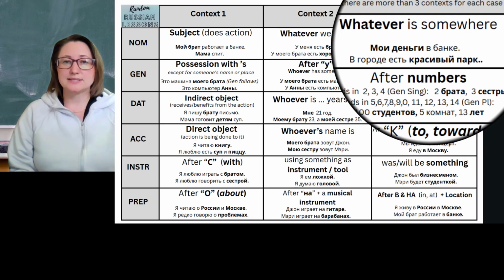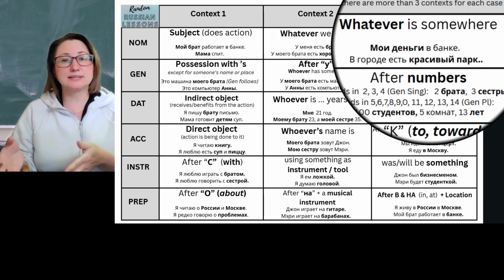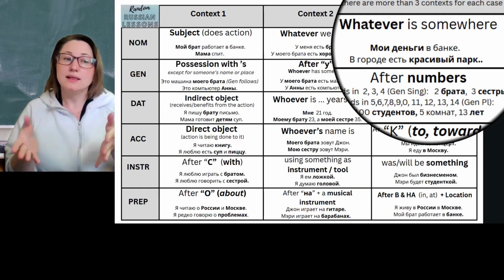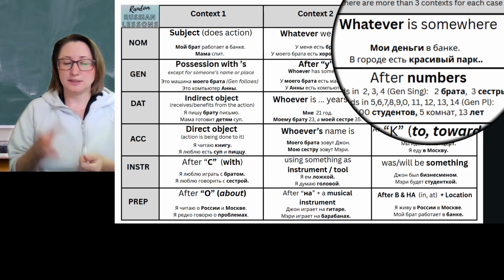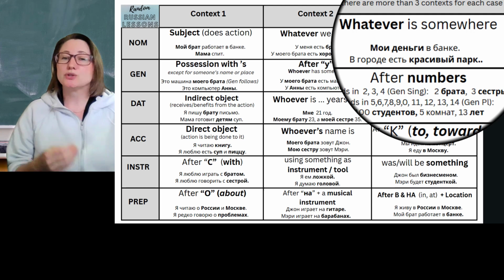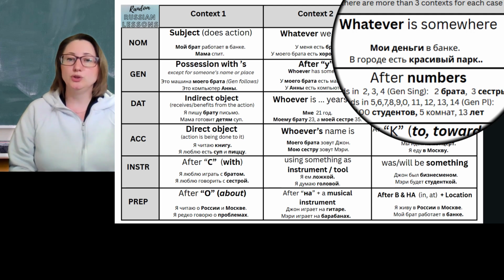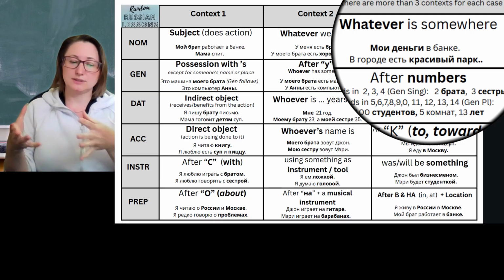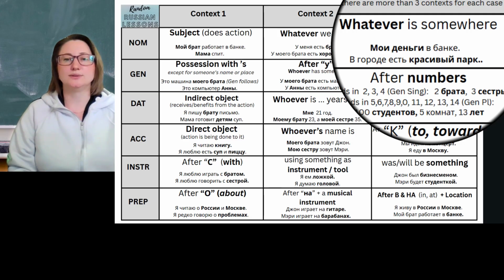Or another sentence. "В городе есть красивый парк," which literally means in the city, there is a beautiful park. What is there in somewhere? The beautiful park. In the city, in town, and so on. So the beautiful park is going to be the subject of the sentence and is going to be in nominative when we translate it into Russian.